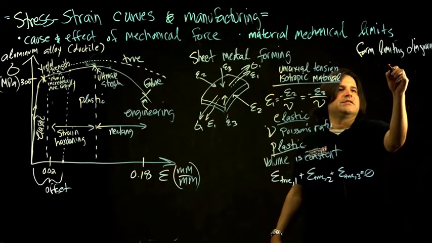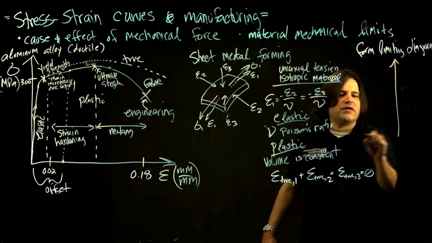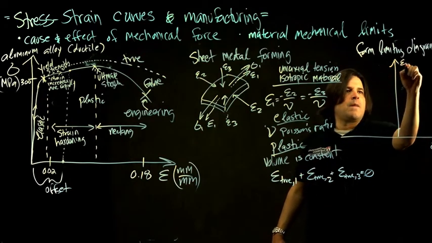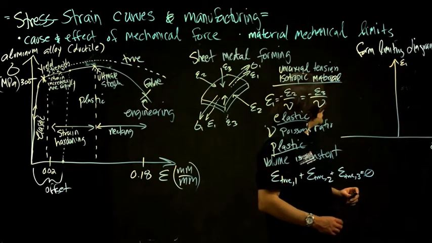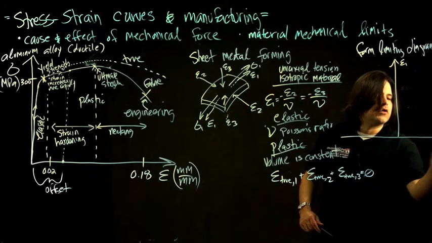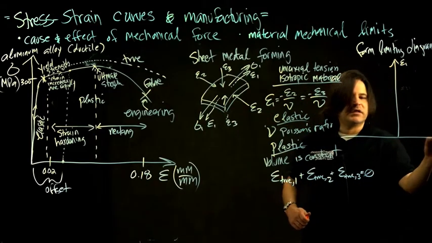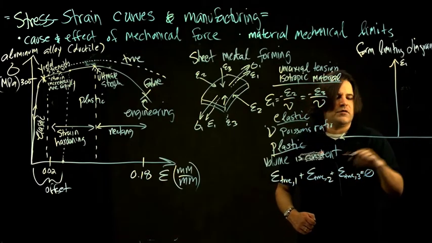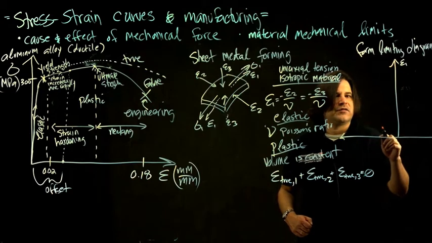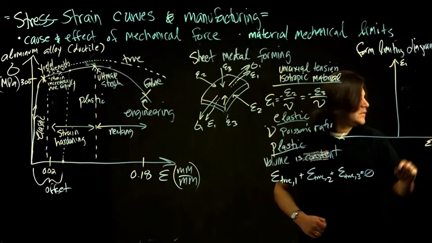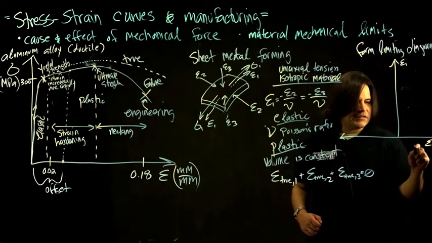So the way that this is set up is you have two strains plotted against each other, and you only need two because by this conservation of volume and the Poisson ratio being a fixed value, it's not as constraining on the system.